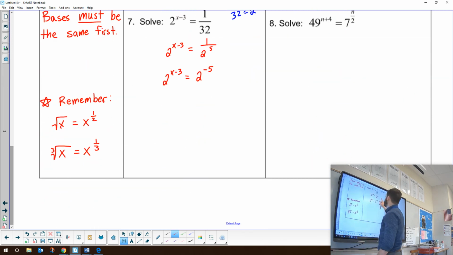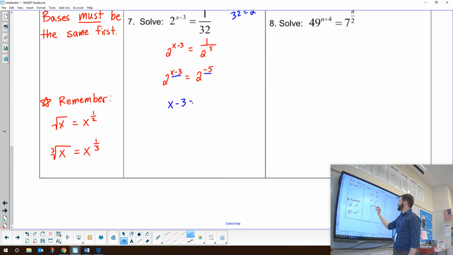So if I wanted to flip it to the top, we would change it to a negative 5. Now, I have the same base, and we can just set our exponents equal to each other. So I can go this x minus 3 and this negative 5, set those two equal to each other, solve for x, add 3 to both sides, and we're going to get x equals negative 2.